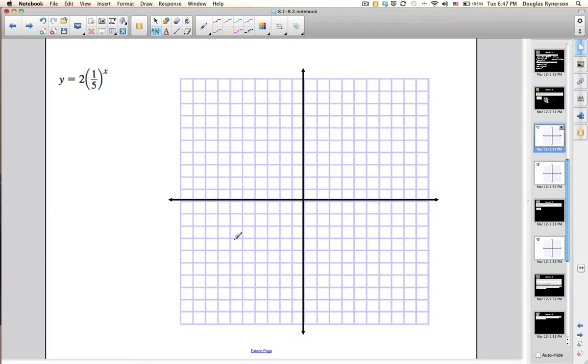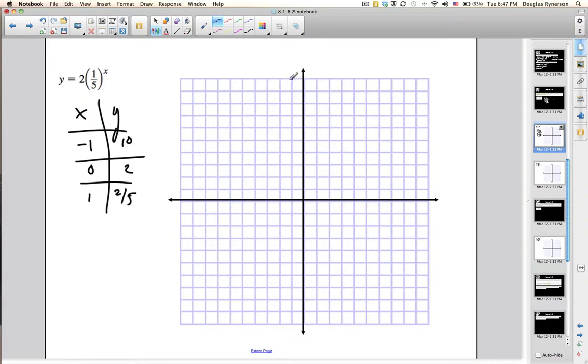If we go forward and graph that, the input-output table again was -1, 10; 0, 2; 1, 2/5. So at -1, I'm at 10. At 0, I'm at 2. And at 1, I'm at 2/5.